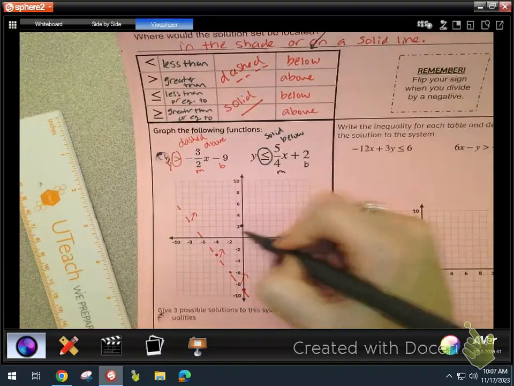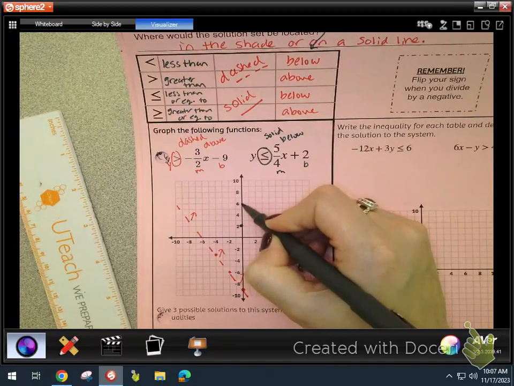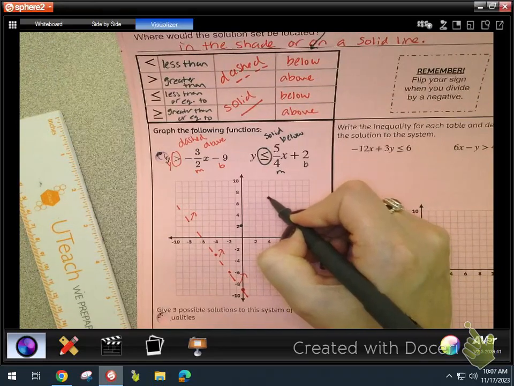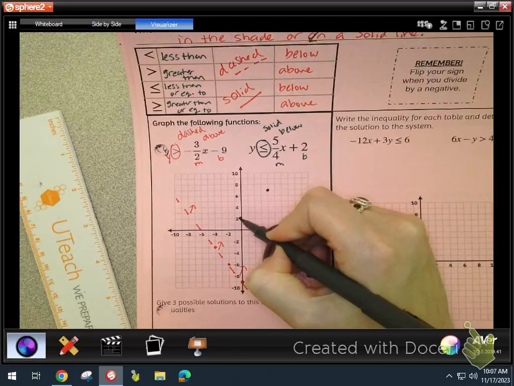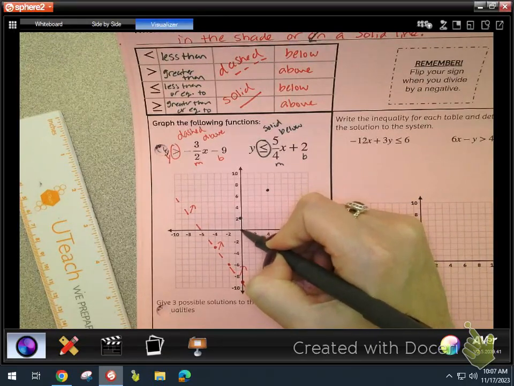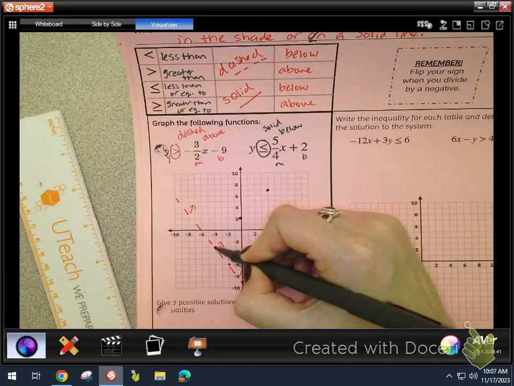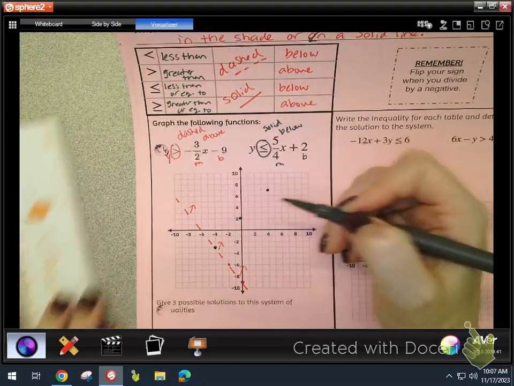My slope is positive 5 over 4, so I can go up 1, 2, 3, 4, 5 over 1, 2, 3, 4. Or, this is what I was talking about, Ethan, I could also go down 1, 2, 3, 4, 5, and left 1, 2, 3, 4, because a negative over a negative still gives me that positive direction I was looking for.